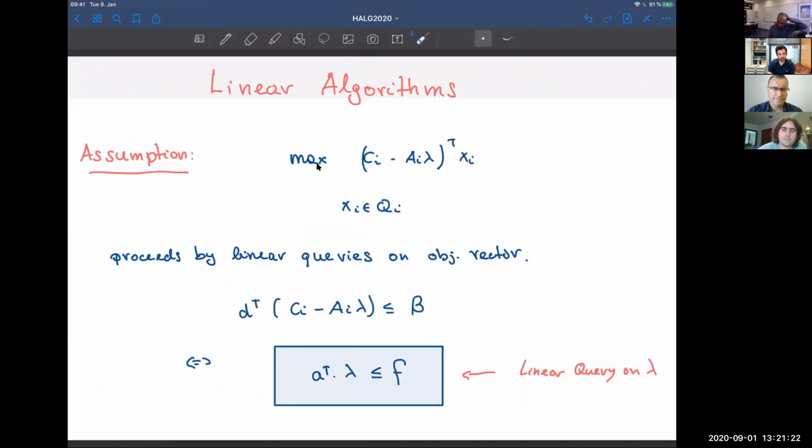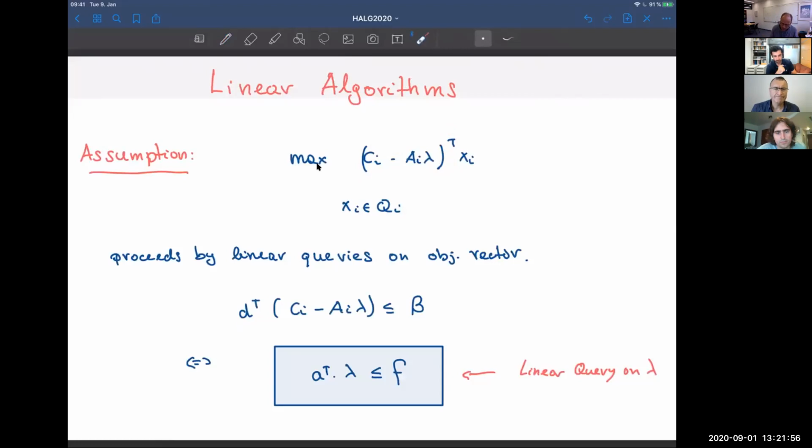Now I have to mention a technicality. I'm assuming that the optimization problem that appears in the Lagrangian, corresponding to the polytope Qi, is linear. By linear, I mean that the algorithm that solves this problem will not need the objective function vector explicitly. All that it does is launch linear queries on this objective function vector.